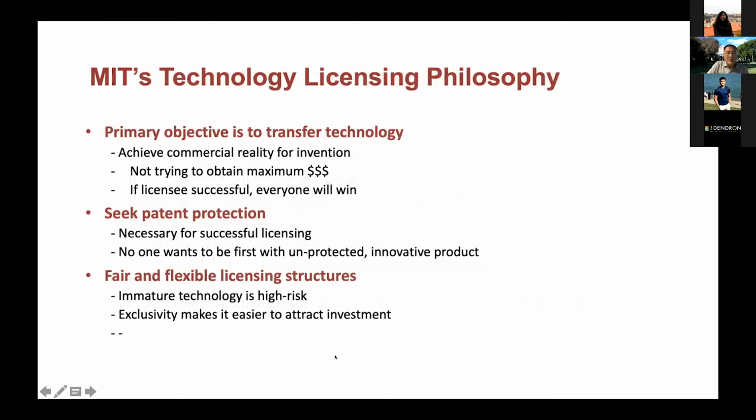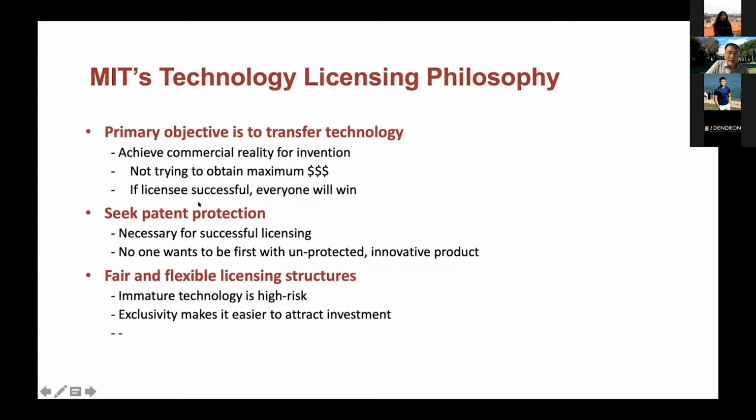The other part in MIT's technology licensing philosophy is that its primary objective is to transfer technology. Of course, the first aim is to achieve commercial reality for the invention, not to obtain the maximum dollar value, that is, not to make the maximum profit.